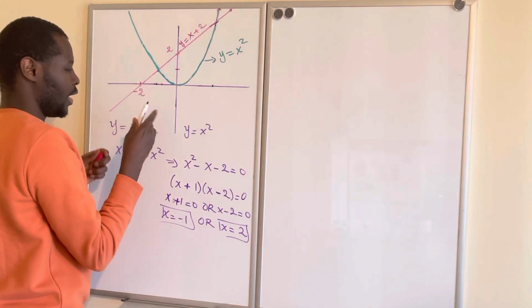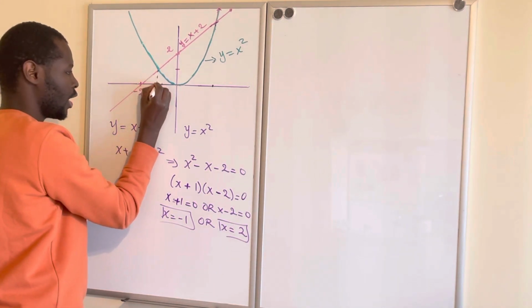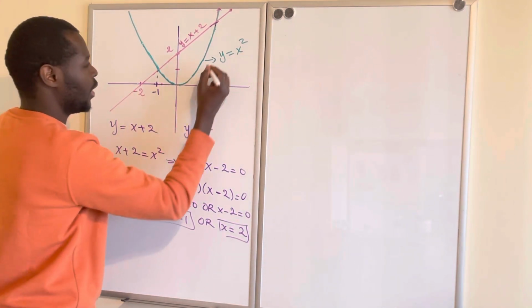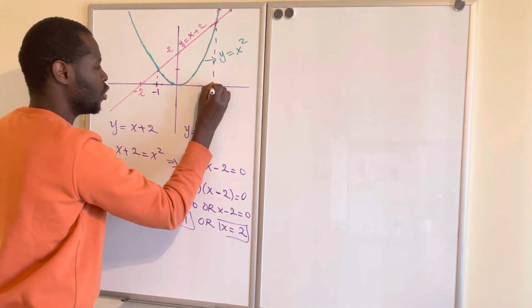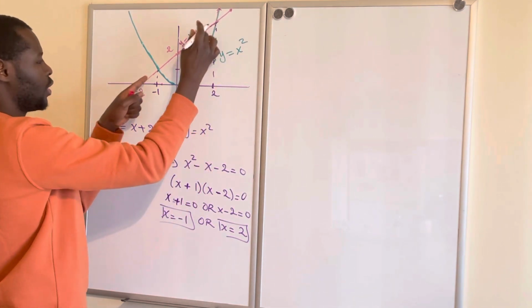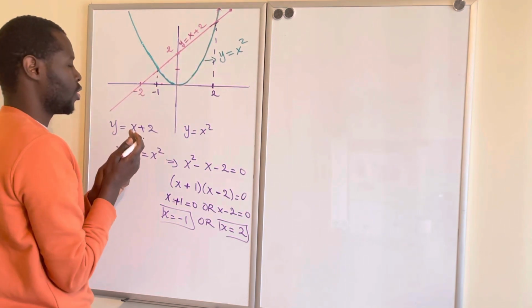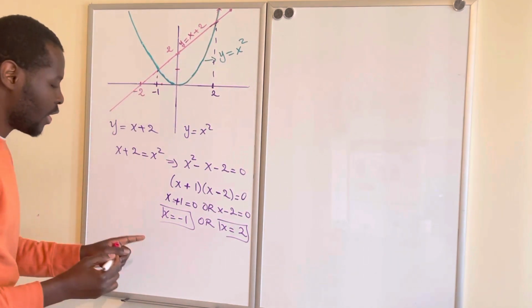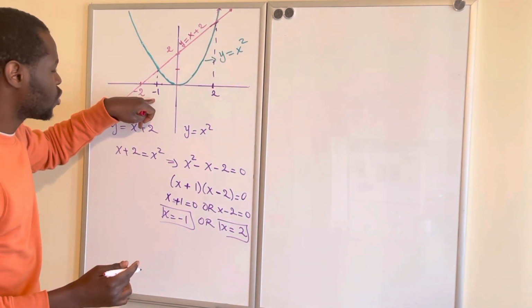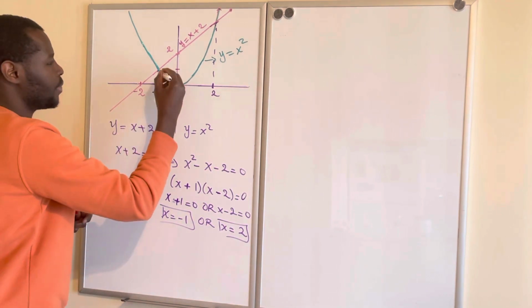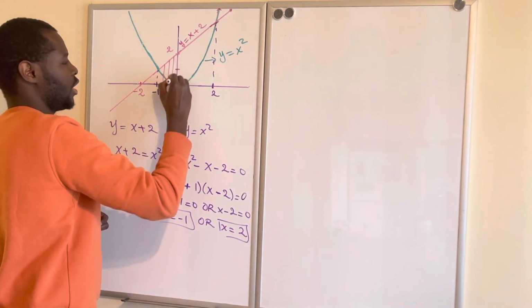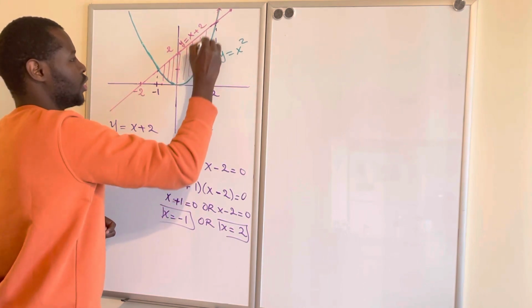So you go ahead and select those points here: x equals -1 and x equals 2. This is exactly where these two graphs intersect one another.